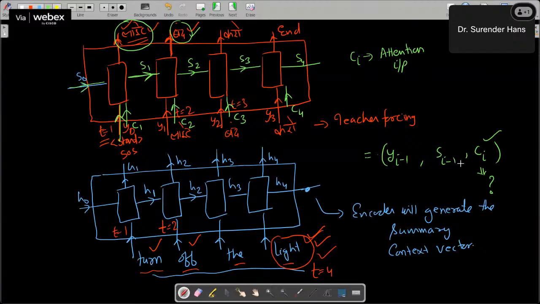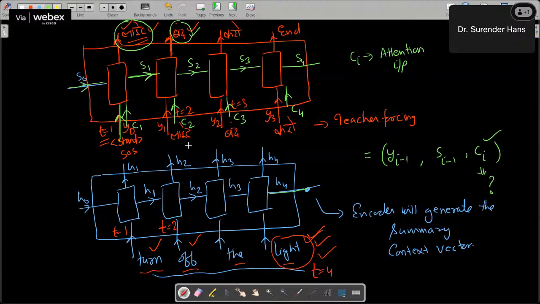Looking at it as a human being, I understand that H4, the hidden state of the encoder, is the most useful one. If someone magically tells me which hidden state of the encoder, H1, H2, H3, H4, is useful, the job of Ci is just to put H4 in C1.